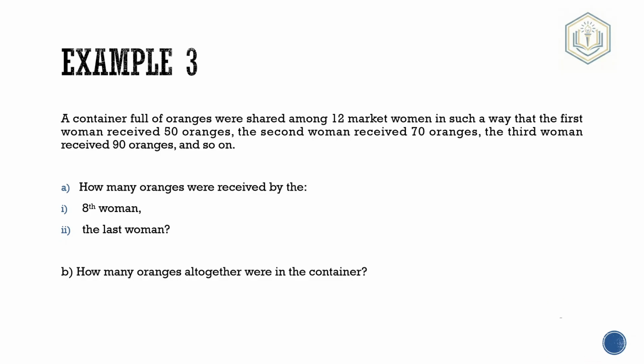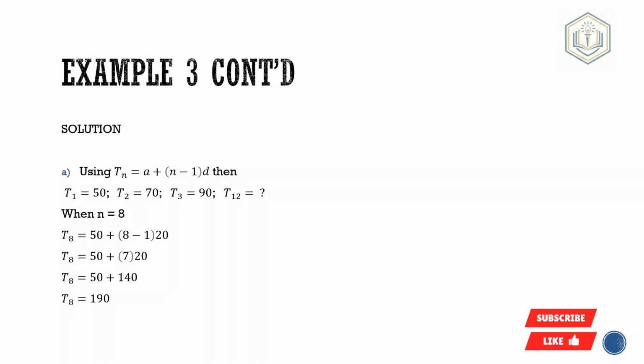You have 8 women. The number 2, the last woman. Then look at it. B question, how many oranges altogether were in the container? So look at it. We have solution in the A part of that question.